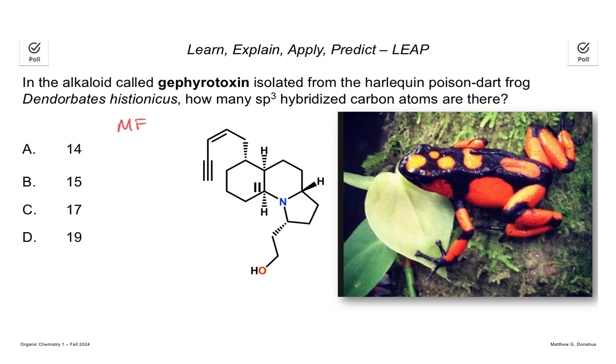At this point, you should be able to look at that structure and figure out a molecular formula. That would be the total number of carbons, total number of hydrogens, and then you can visually see the rest would be nitrogen and oxygen.